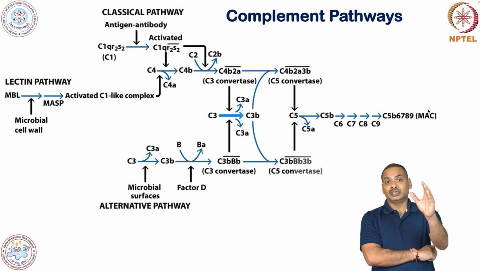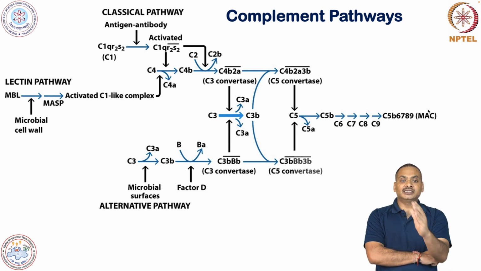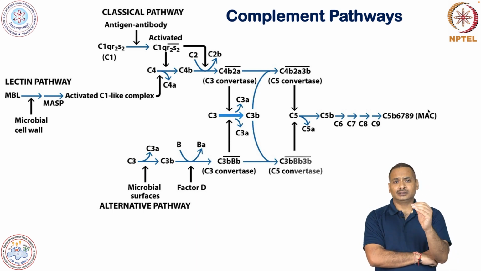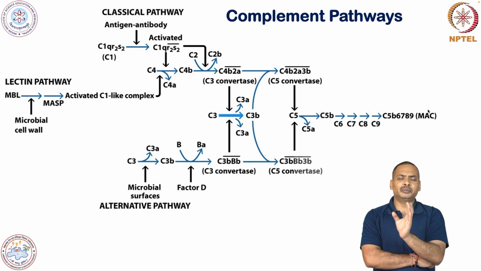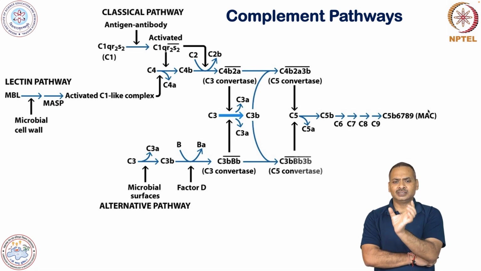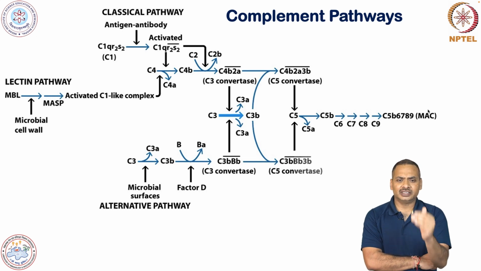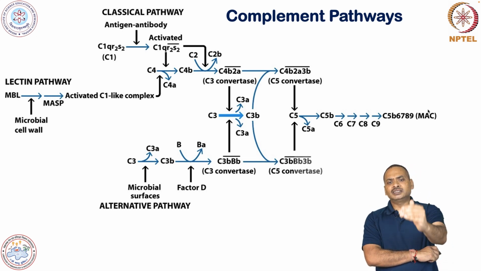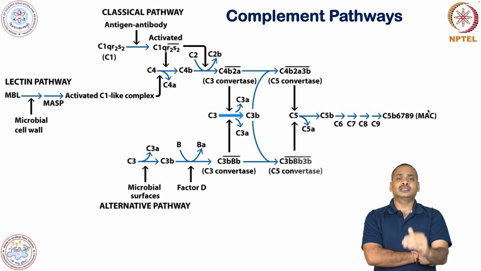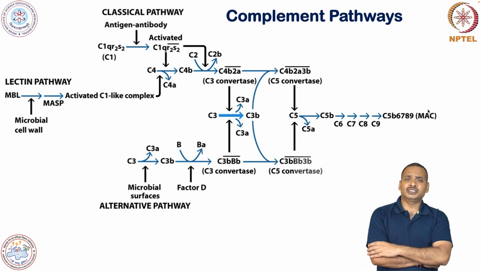C3a will be an anaphylatoxin, and this C3b will be interacting with the larger fragment of factor B, that is C3b, Bb, which has C3 convertase activity, and this will be mediated by factor D. The C3 convertase is stabilized by properdin, and then there will be a generation of C5 convertase.